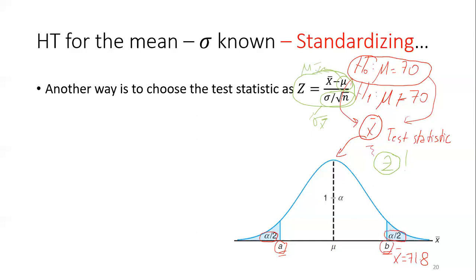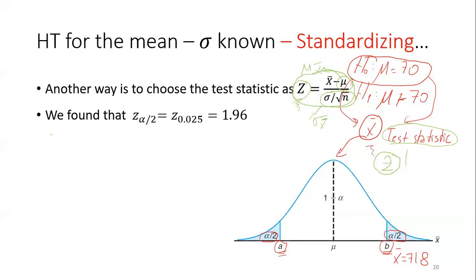So (X bar minus mu) divided by (sigma divided by root n) is a standard normal random variable, okay? Now, since this is my test statistic, I will plot the distribution of this, not the distribution of X bar. If you use X bar as your test statistic, you plot the distribution of X bar. If you use Z as your test statistic, you plot the distribution of Z, okay?